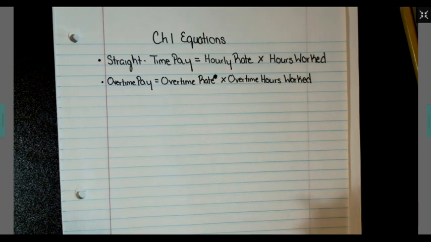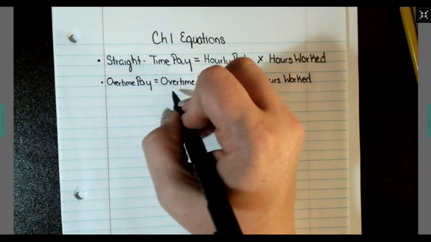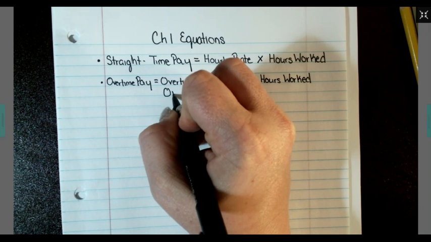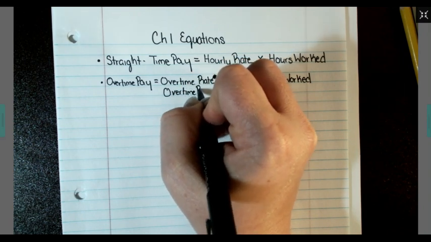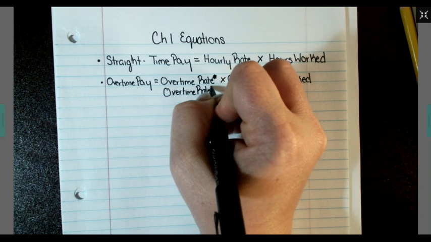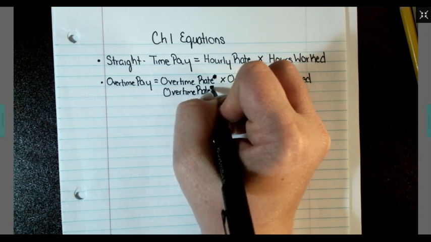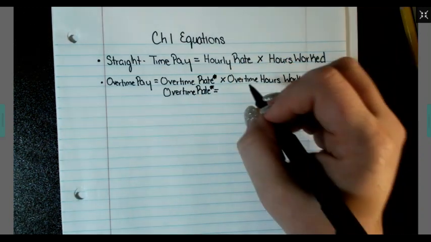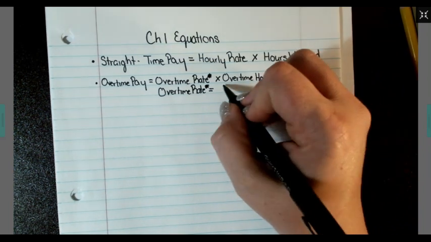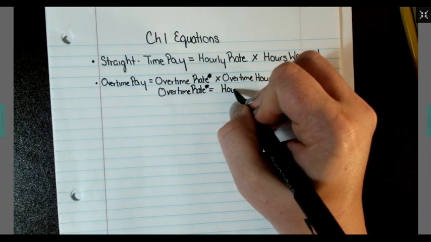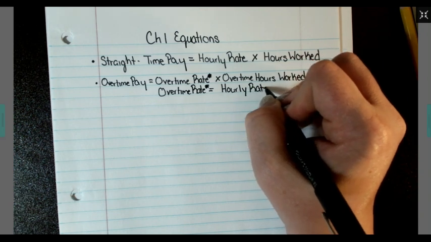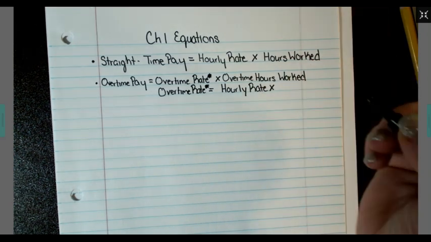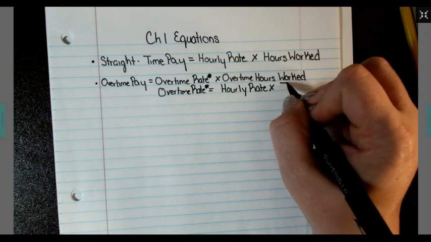Now, in order to find your overtime rate, this little thing that we start right here, we're going to have to find our hourly rate times the type of overtime.